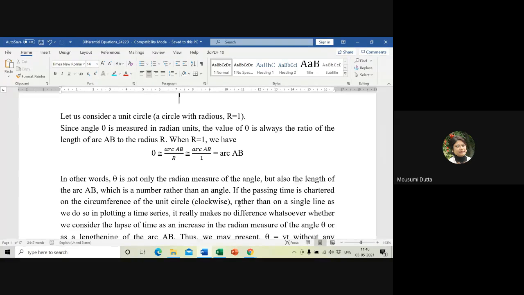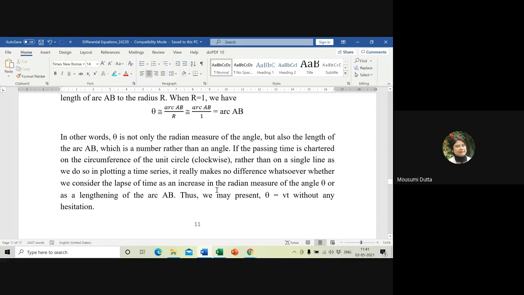If the passing time is charted on the circumference of the unit circle clockwise rather than on a single line, as we do in plotting a time series, it really makes no difference whether we consider the lapse of time as an increase in the radian measure of the angle theta or as lengthening the arc AB.